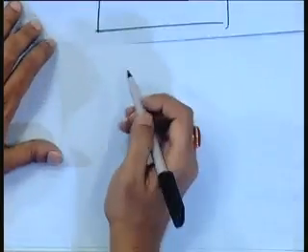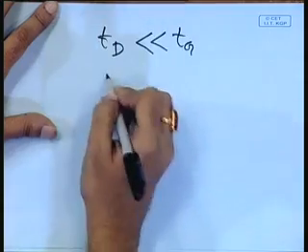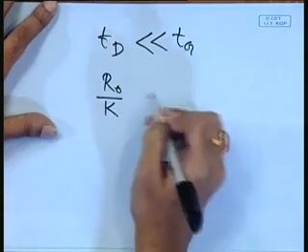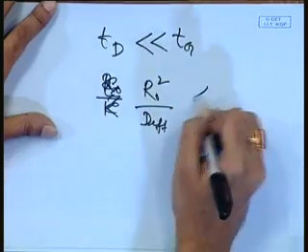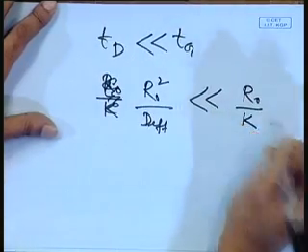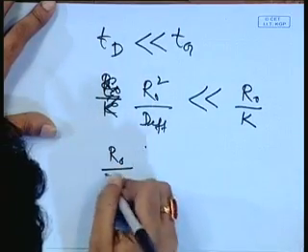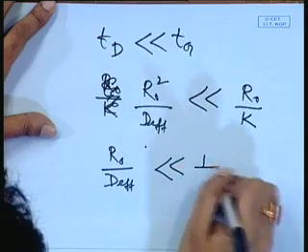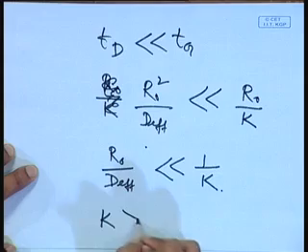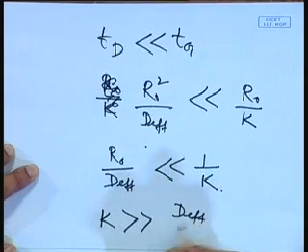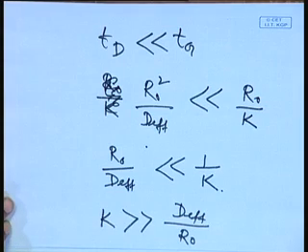That is my requirement, which means R naught square over D effective should be much smaller than R naught over K, which means R naught over D effective should be much smaller than 1 over K, or K should be much greater than D effective over R naught.